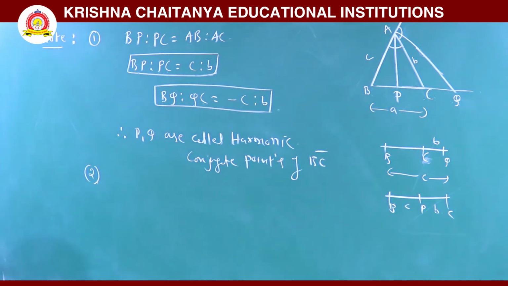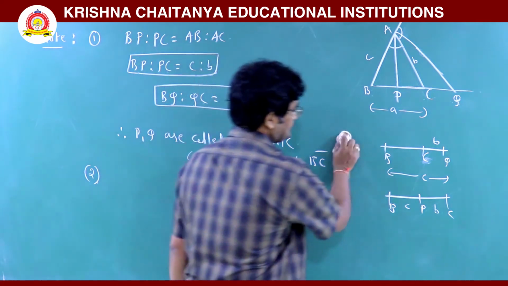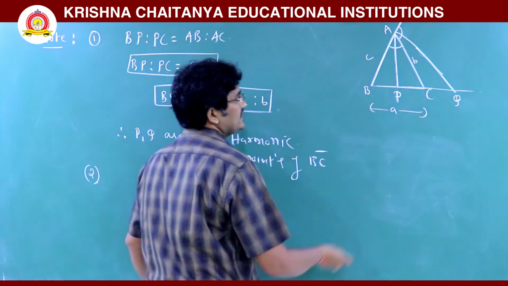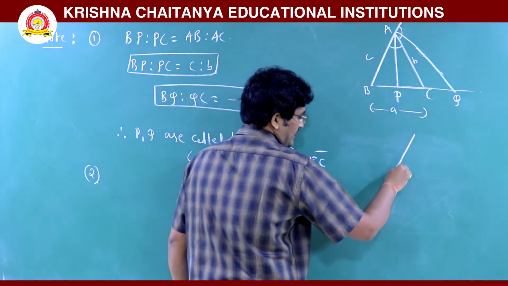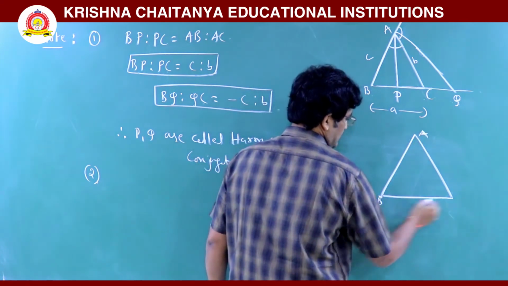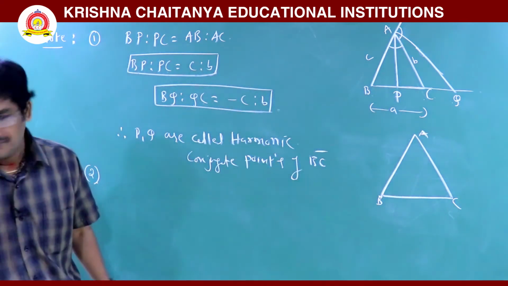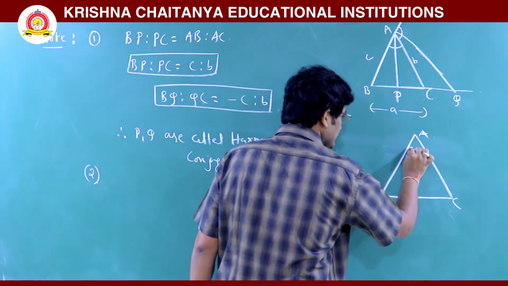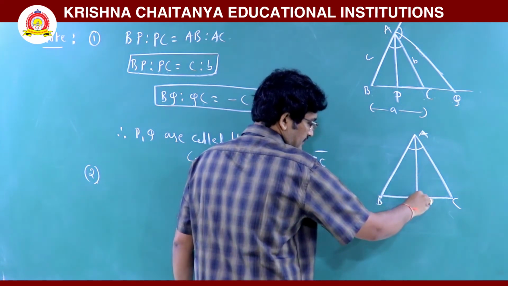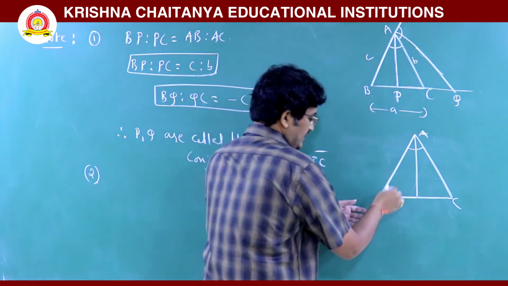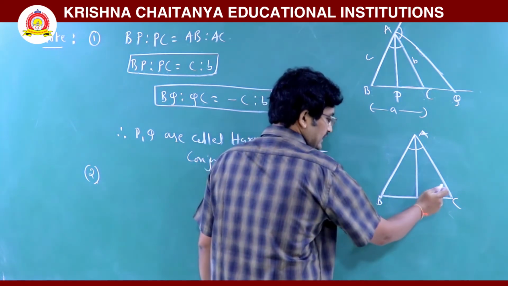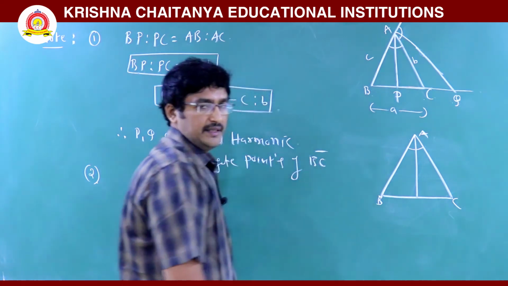See here, this is the triangle ABC. In the same way, this is an internal angular bisector of A. So we have to draw one more internal angular bisector of B, and an internal angular bisector of C. We have to draw 3.